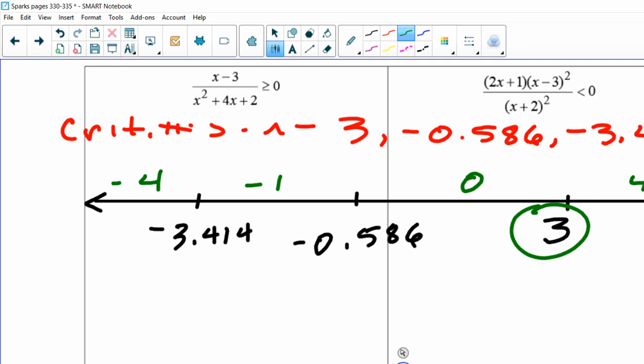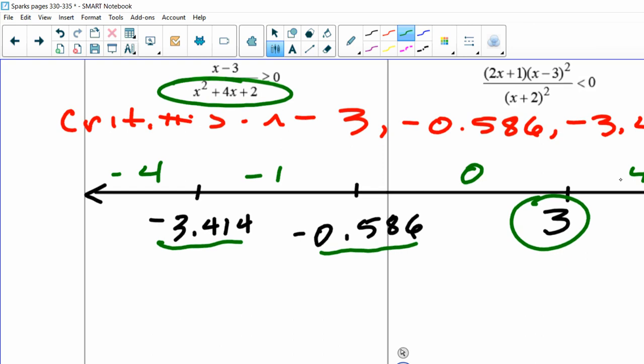Okay. Both of these numbers will be excluded. You will have parentheses because those numbers make the denominator equal to 0, which means those numbers make that expression undefined. We set that equal to 0, and we used complete the square, and that's how we found them.